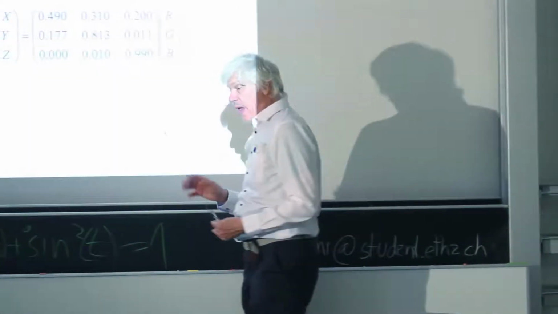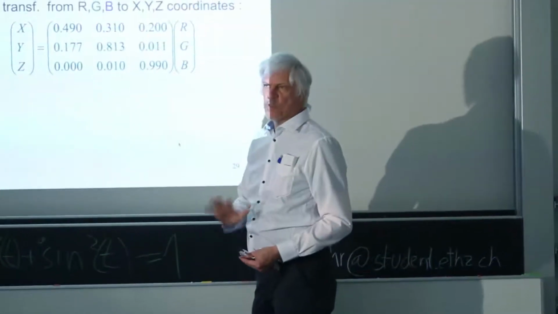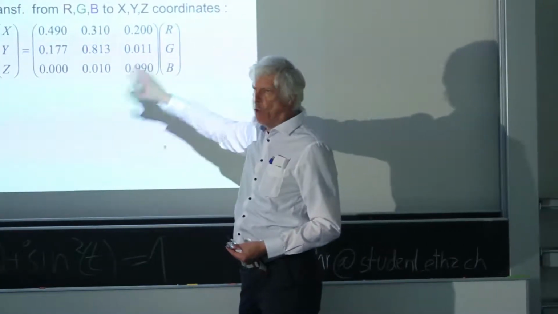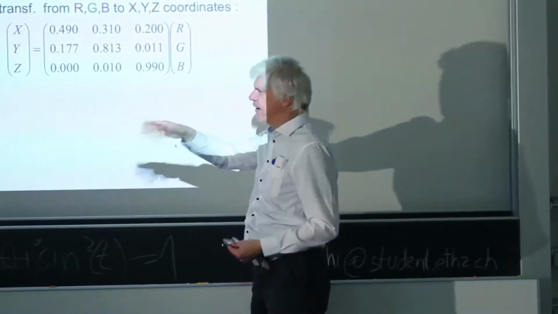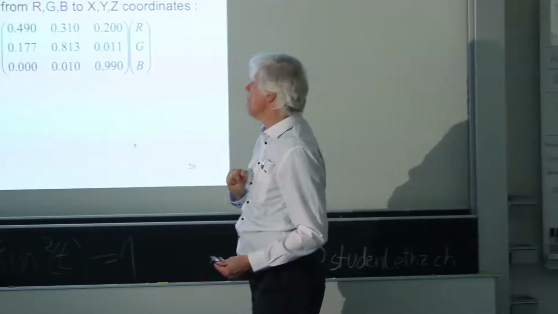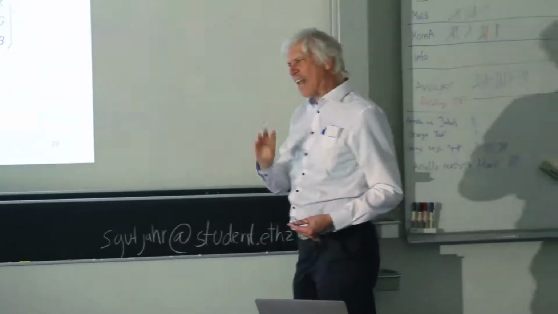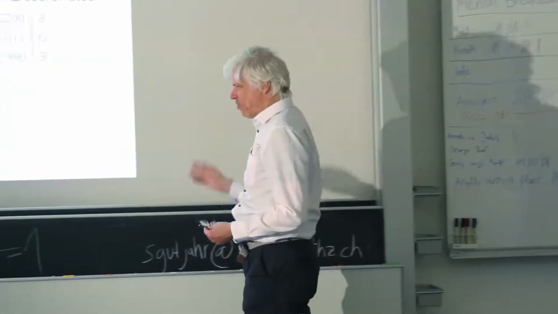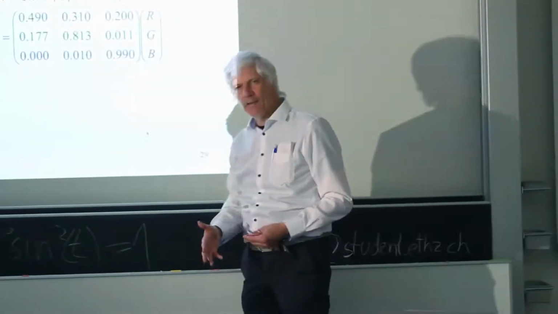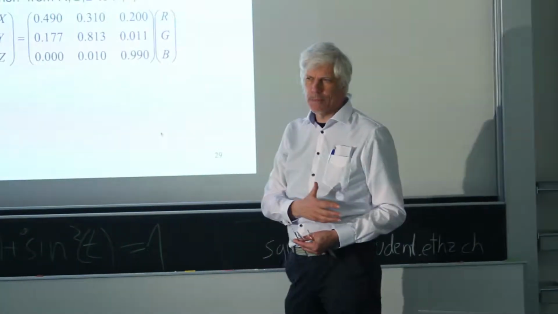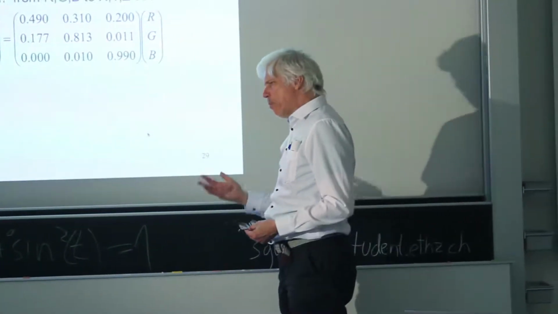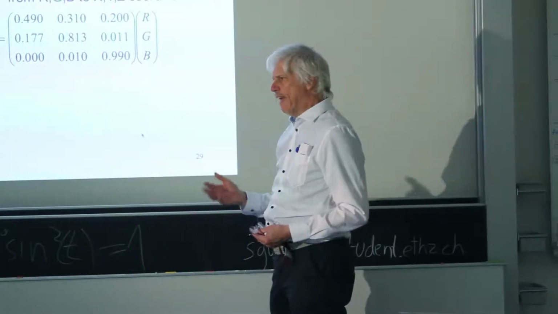Okay, but anyway, having only positive values was one reason to make that change from RGB to XYZ. Calculation is a bit simpler. Another reason was that at some point there was a transition from black and white television to color television sets. So people wanted to send a signal that would work for both.